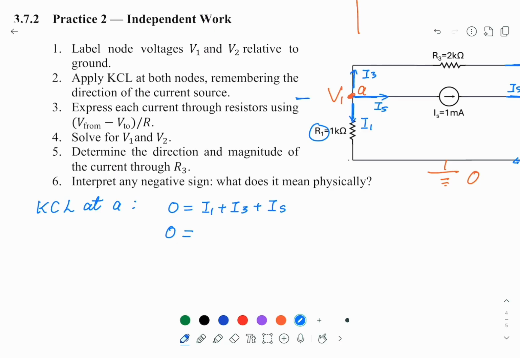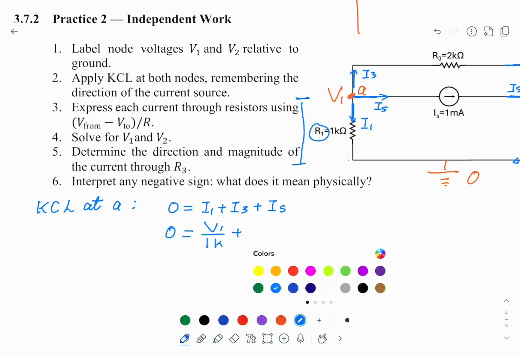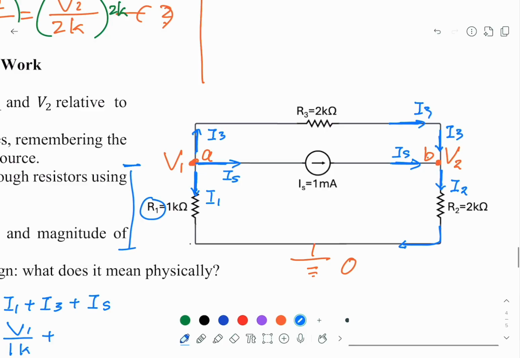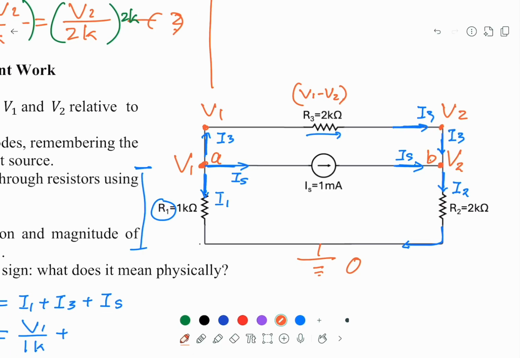I1 is the current passing through R1. So the potential difference is V1 over 0. So it's V1 over 1K. I3, assume I3 flowing to here. So the potential here is V1, and this is V2. So it means the potential difference is V1 minus V2 across R3.